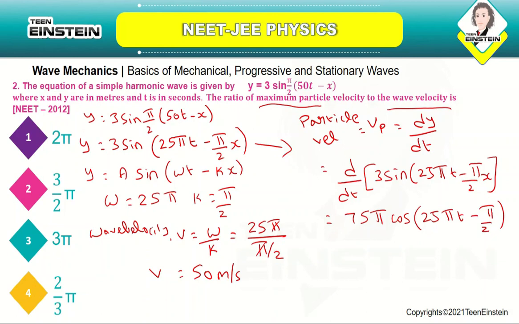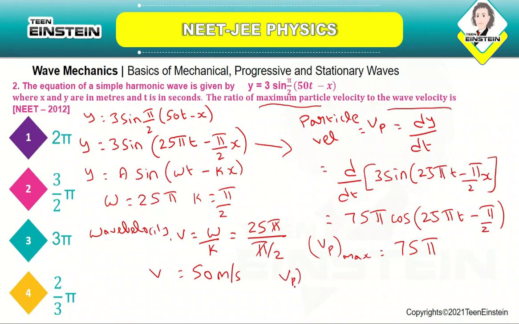Here the maximum is when the cos term becomes 1, so particle velocity maximum, Vp max, is equal to 75 pi. But as per the question, you want the ratio between maximum particle velocity to the wave velocity.